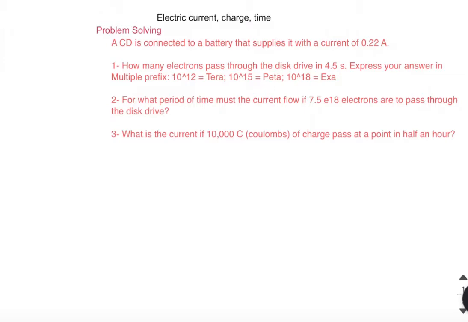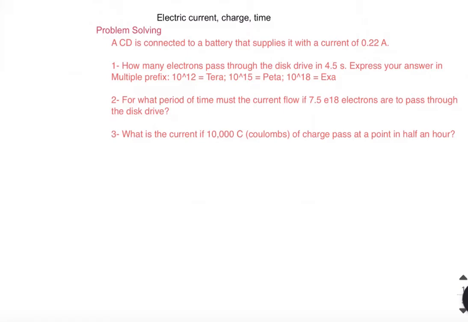Remember that we are given the electric current, which is 0.22 amps. So we do the same calculation. I will isolate Q from the given equation: Q over I equals t.